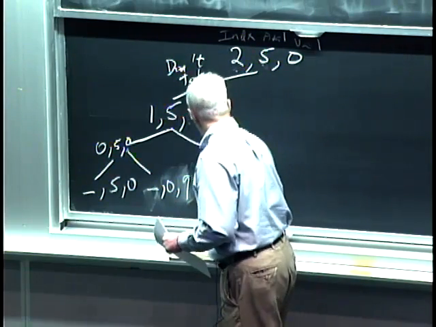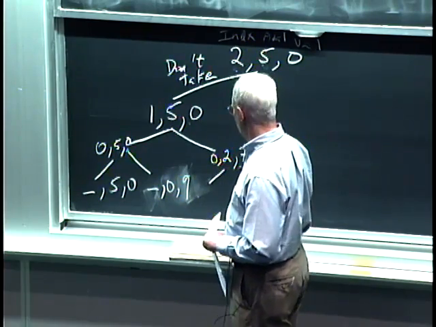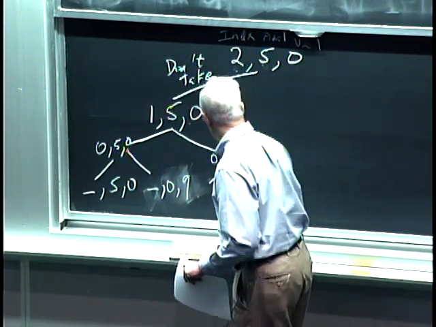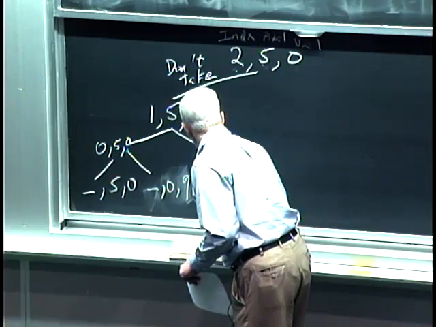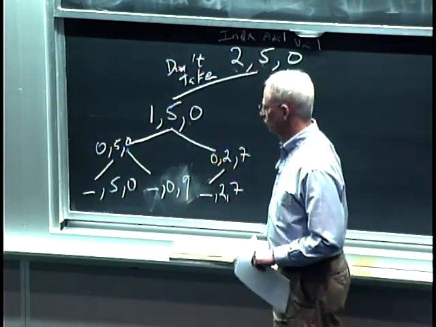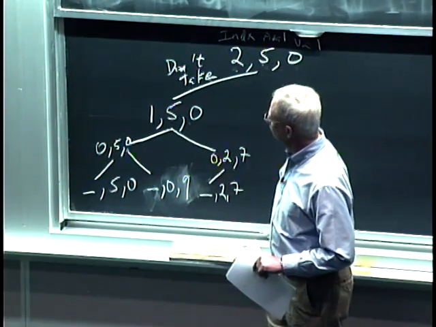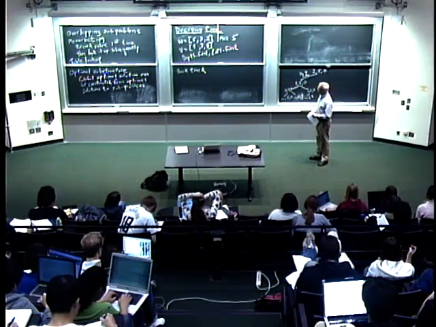Well, we could consider not putting in item 0. That makes perfect sense. And we're back to where we're there, minus 2 and 7. And now let's ask the question, how about putting in item 0?